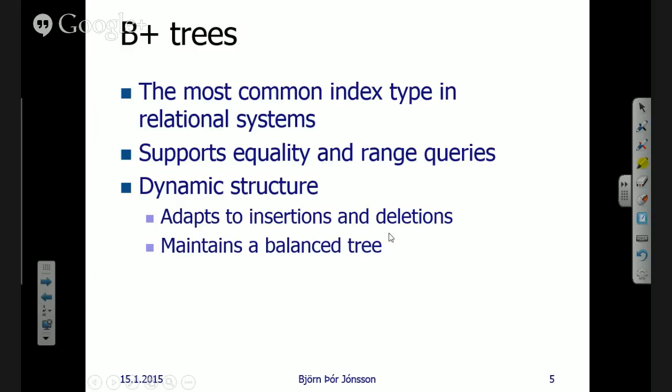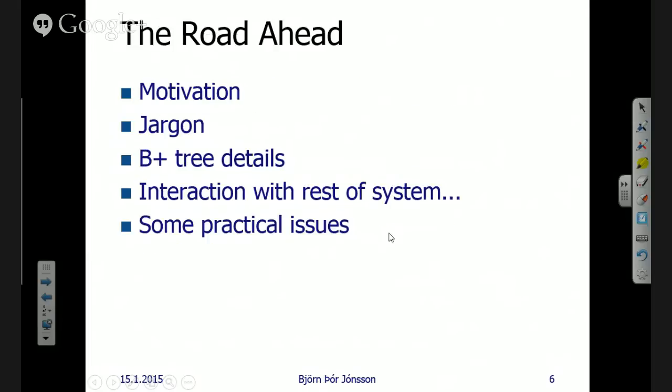And the other thing is that you don't want the bad behaviors that can come when you have unbalanced trees, where in some cases you might have to read many IOs to get to the bottom. Okay, so I think that was motivation.